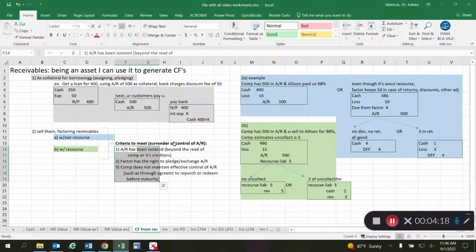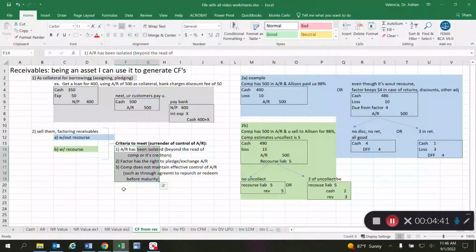For a company to be able to recognize the transaction of generating cash flow from your receivables as a sale, we are basically wanting to make sure that the company has surrendered full control of those accounts receivable. And these three criteria here are going to assure that that's the case.